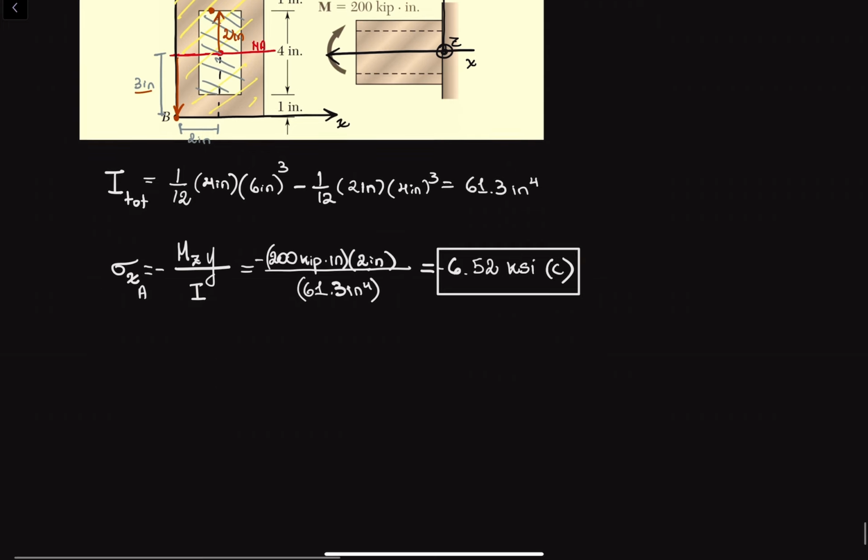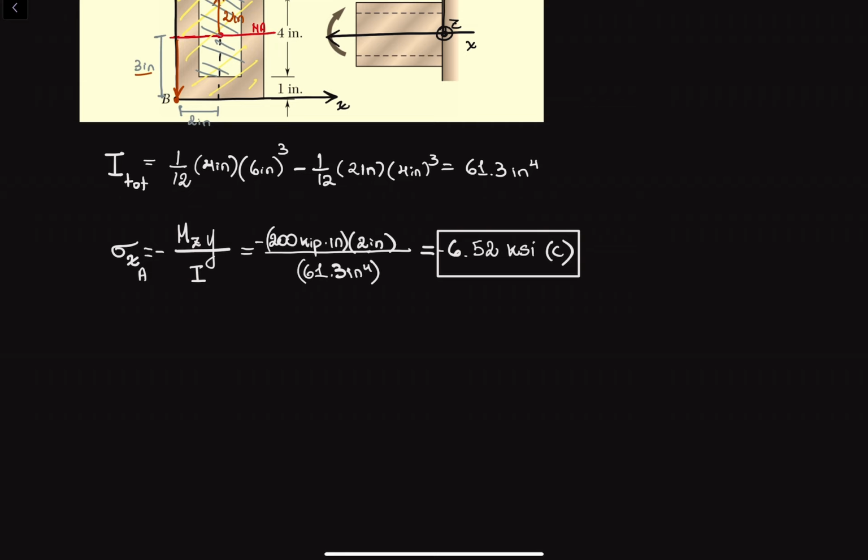So let's say now that the sigma x about the point B, well, that's going to be the same formula. So minus Mz y over I. And that's going to be equal to what? Well, it's going to be equal to negative.